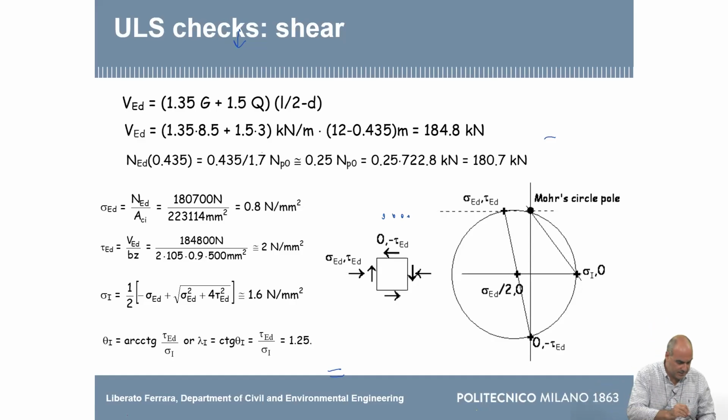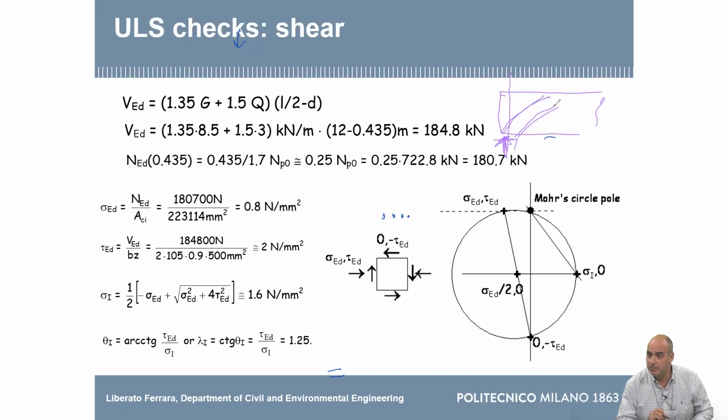So let's see. This is your element, and this is your support. So this is the support axis. The reaction force, which is here, goes with this stress flow. Okay, and if this is something like D, this distance here is also something like D. So what we generally do is that we take half of this distance, because that is the first critical section for the shear.